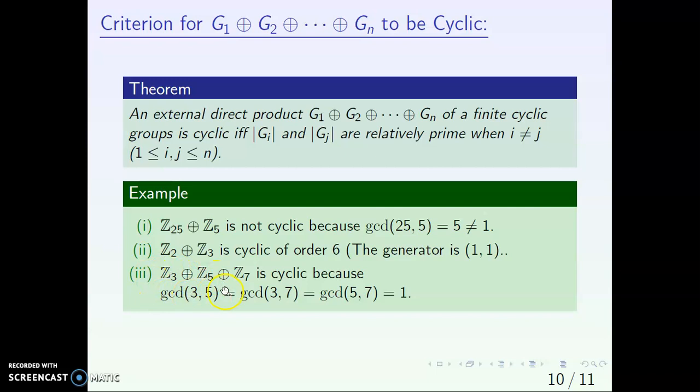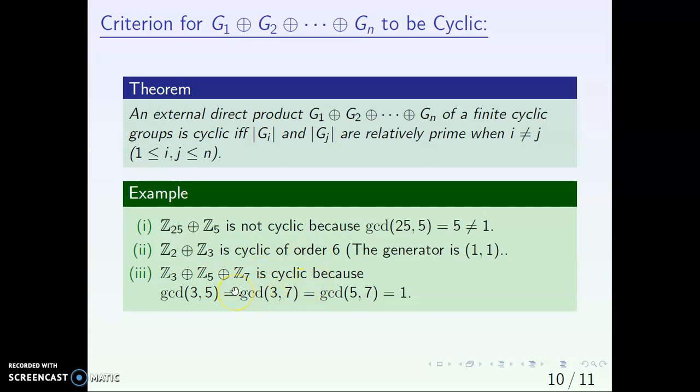Again, Z3 and Z7: the order of Z3 equals 3, the order of Z7 equals 7, and 3 and 7 are relatively prime. Last, the order of Z5 equals 5, the order of Z7 equals 7, and 5 and 7 are relatively prime, so this group is cyclic.